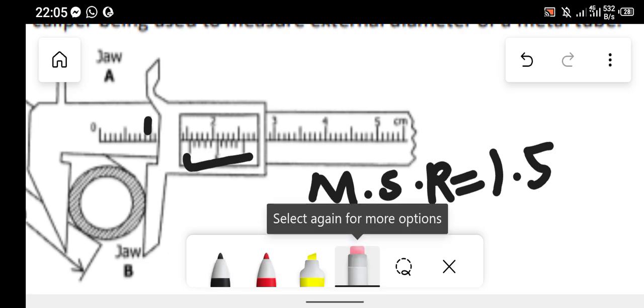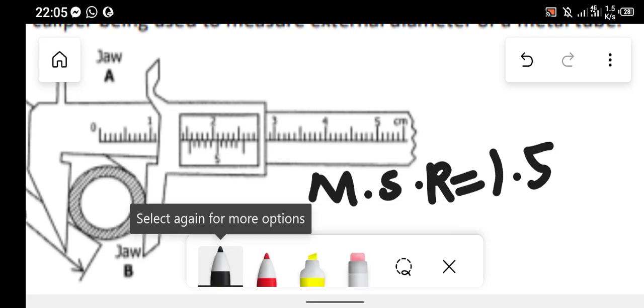So the next thing you need to find the what? The vernier scale reading. And for you to find the vernier scale reading, like I said, you need to look at the reading on this diagram where the main scale and the vernier scale are forming a straight line.